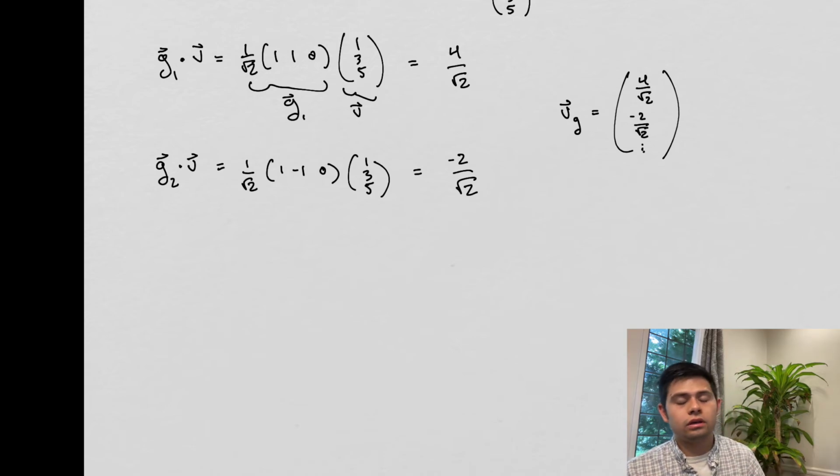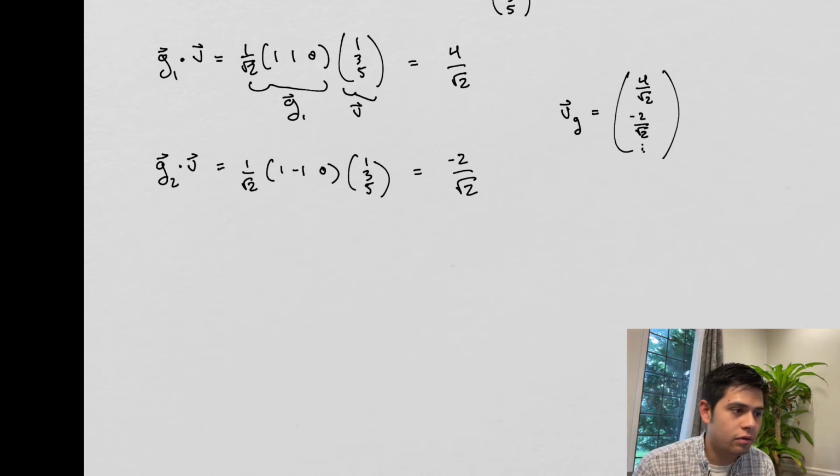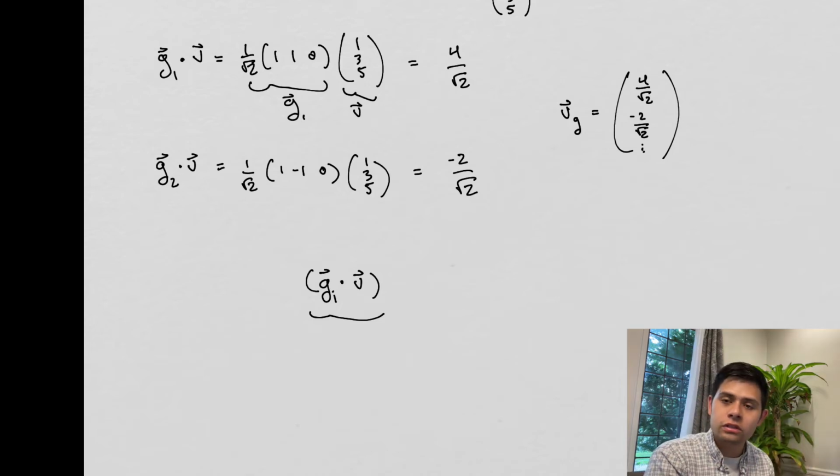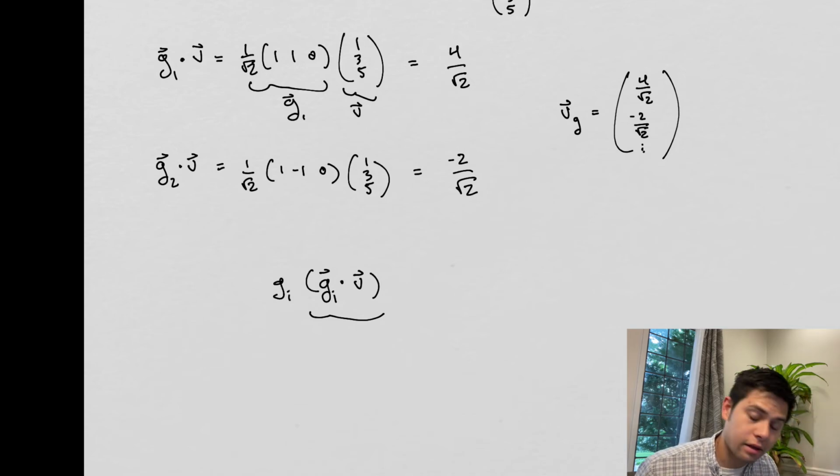So how can we make sense of this now? What we did was Gi dotted with V. These two things were vectors. What these gave us were the coefficients on the basis. The basis again was Gi. So this here gave us these coefficients.